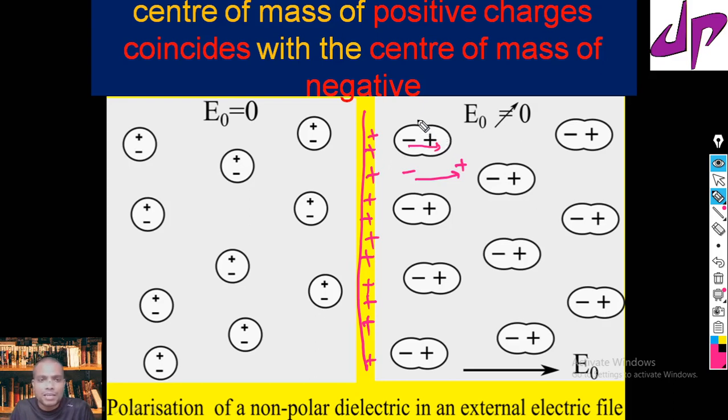So now they have a dipole moment. You remember the dipole moment p is equal to the product of the charge and the dipole length. The dipole moment is a vector, and it is supposed to point from the negative charge to the positive charge.